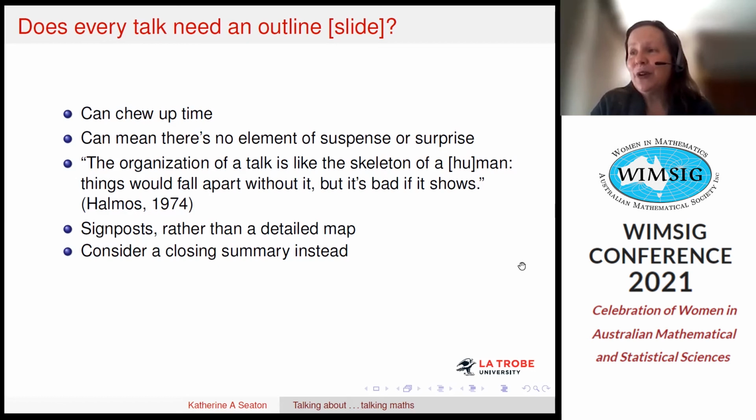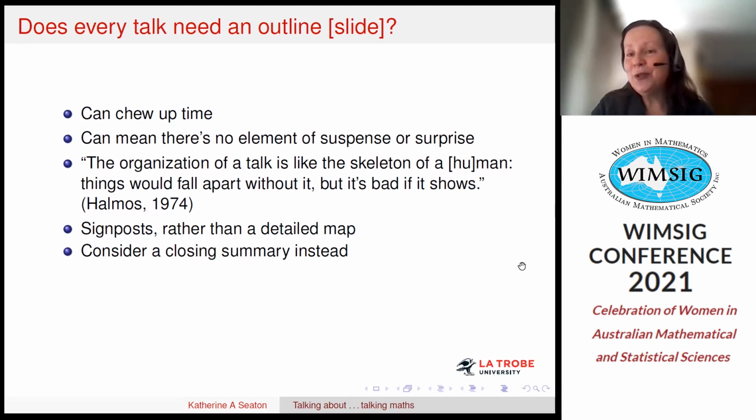Helmholtz wrote a very famous paper in 1974. Now, if you go and look at it, he does assume that all mathematicians are male. He uses he as the pronoun all the way through. But I do like this quote: "The organization of a talk is like the skeleton of a human. Things would fall apart without it, but it's bad if it shows."